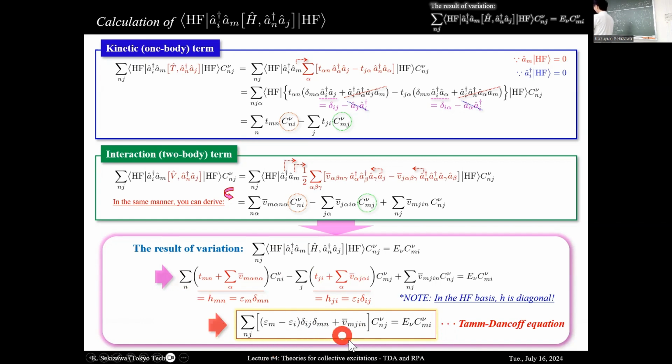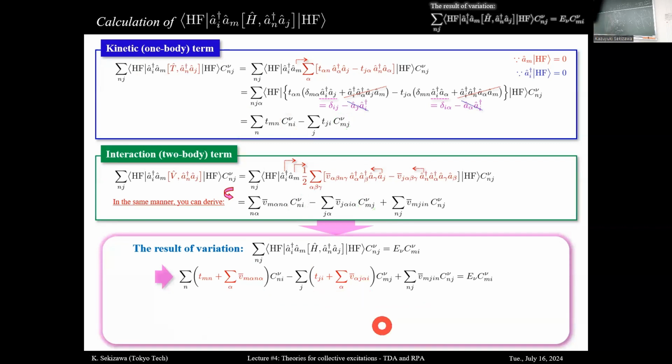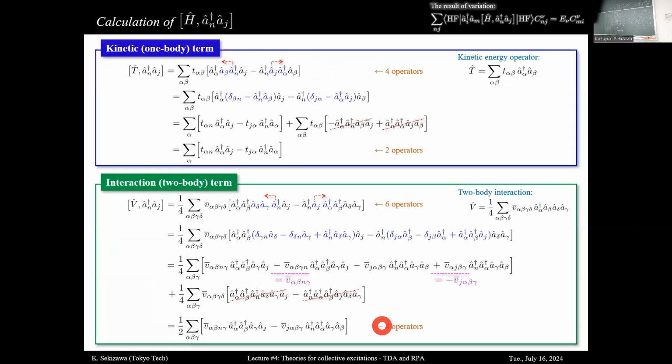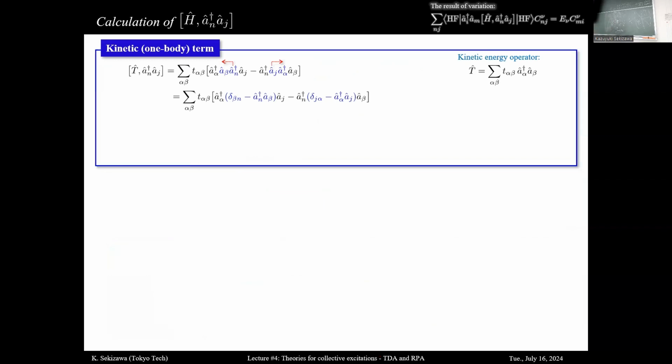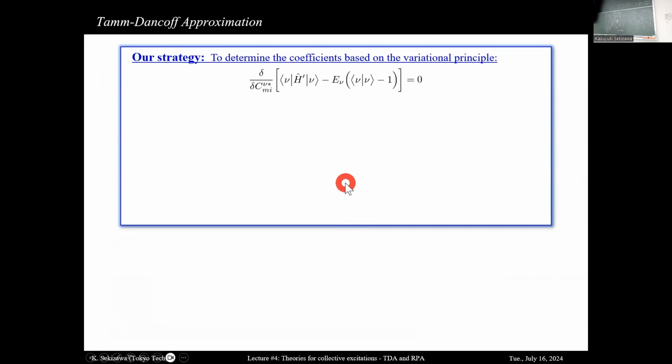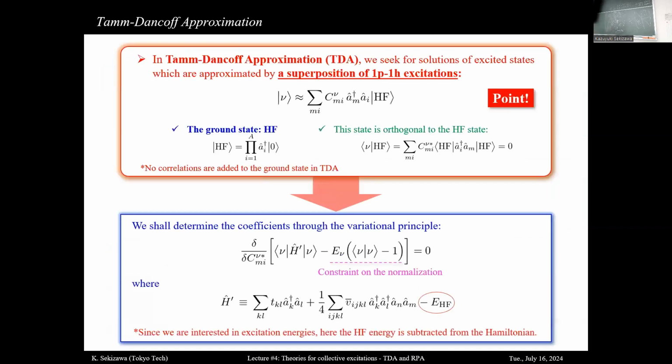And here V bar corresponds to the, that was in the Hamiltonian, where is it? Just a normal, here. So that was the normal matrix elements for the two-body interaction.